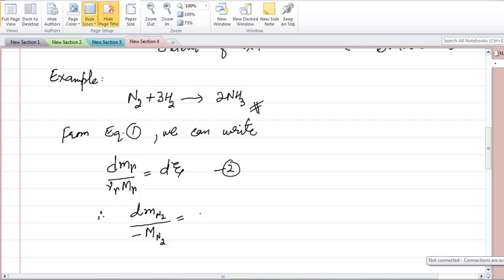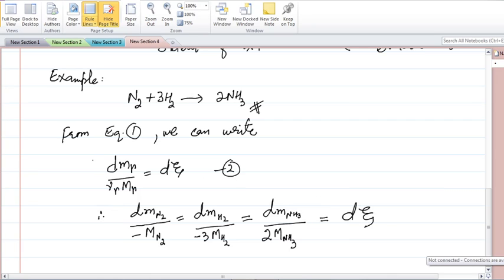So this will be simply equal to change in mass of the hydrogen here, divided by coefficient, but we have to take it as negative value, so we will write minus 3 and molecular mass of hydrogen, and it will be equal to the change in mass of ammonia now, dm ammonia upon coefficient is 2 and mu gamma will be equal to plus 2, so it will be simply 2 m ammonia, and this will be simply equal to d zeta.